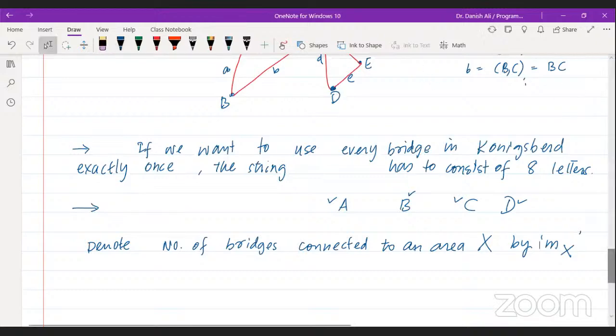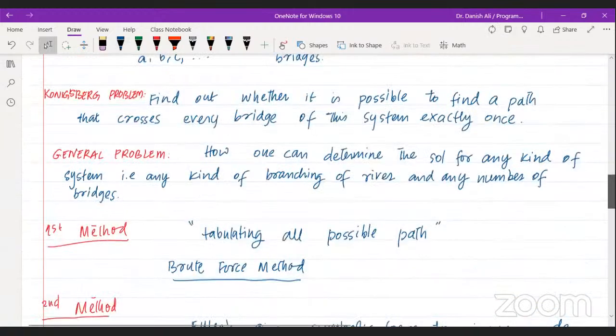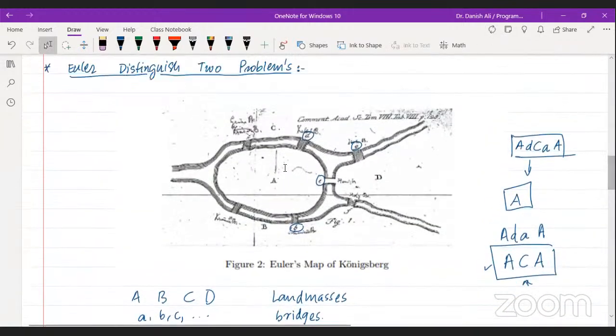For example, for A, the bridges connected are bridge A, bridge D, bridge B, bridge C, and bridge E. So how many bridges are connected to A? 5. So MA is 5. Similarly, how many bridges are connected with C? 3.